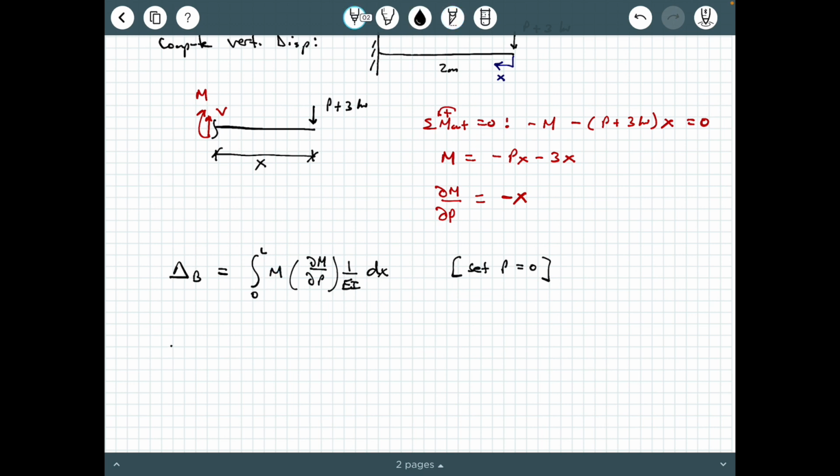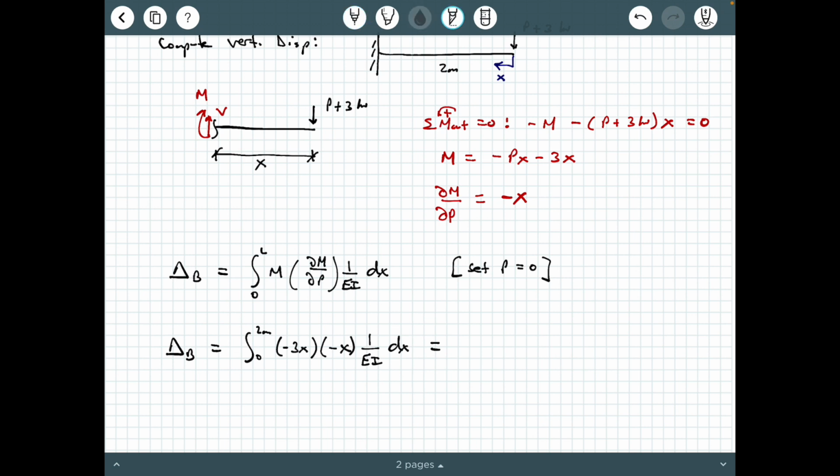Then delta B is the integral from 0 to 2 meters of negative 3x times negative x, 1 over EI, dx. And this is also an easy integral to compute.